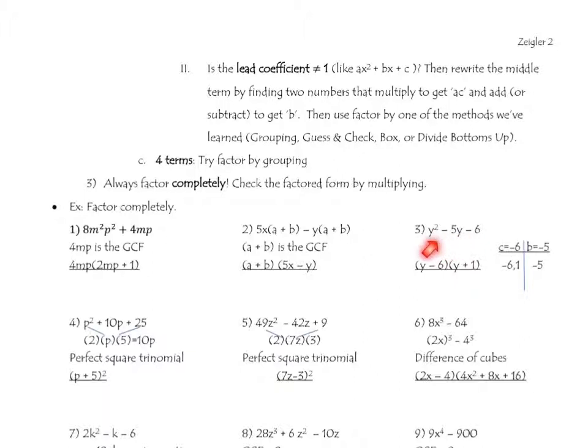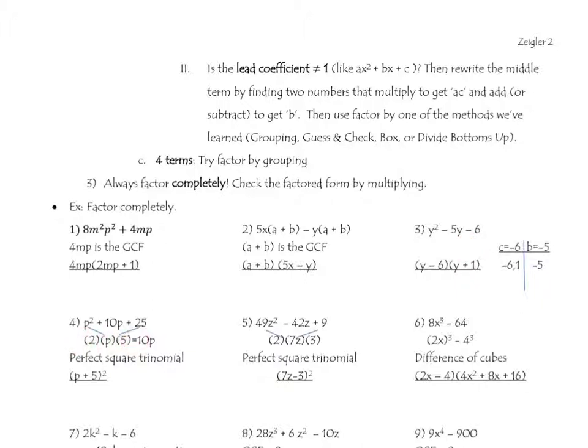In this one, you do not have a common factor. There are no perfect squares. So you go on to the next step. Is there a coefficient here other than 1? And there is not. So in this case, you would use reverse FOIL.